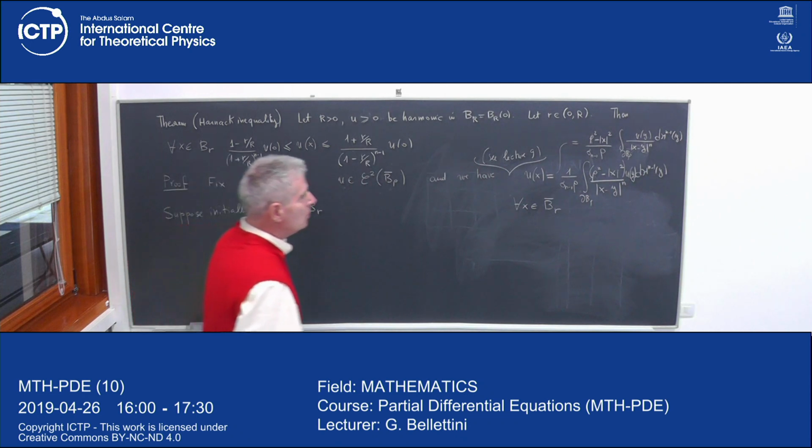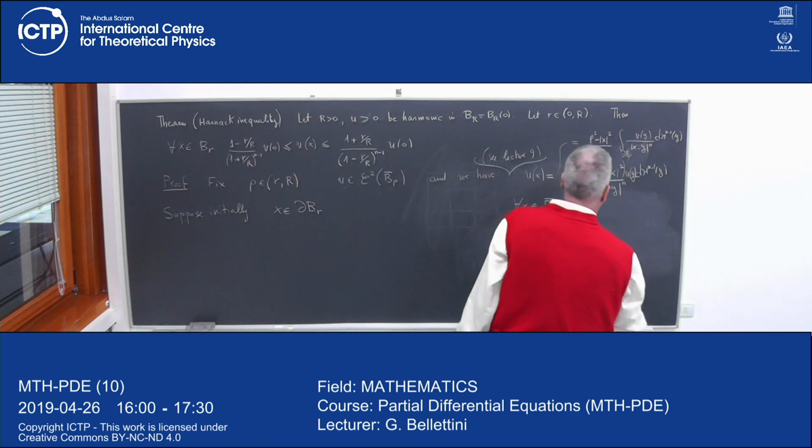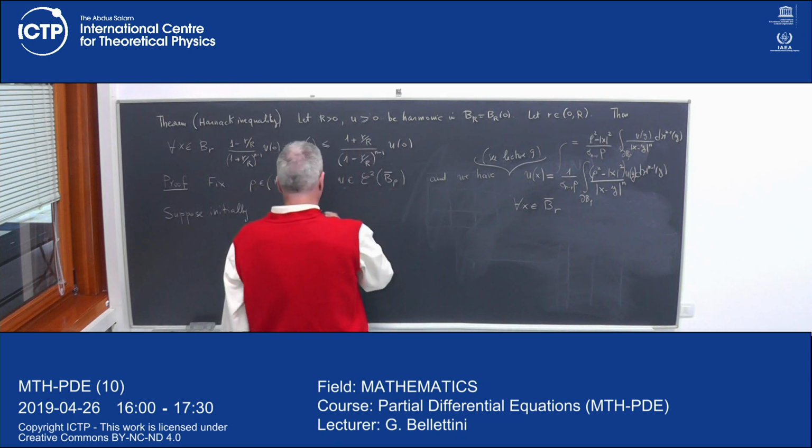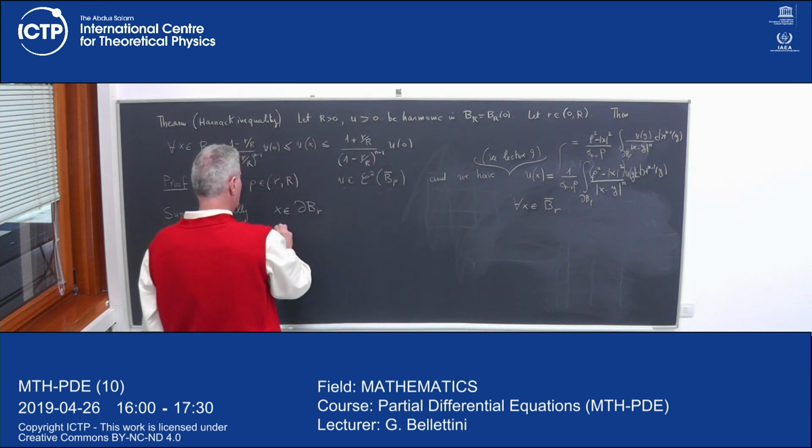Now, we have that x is here and y is instead on the boundary of the ball of radius rho.